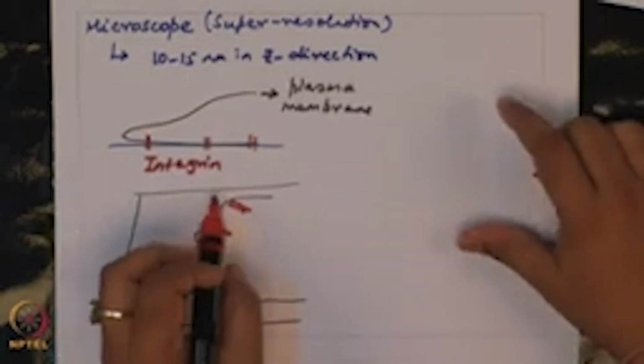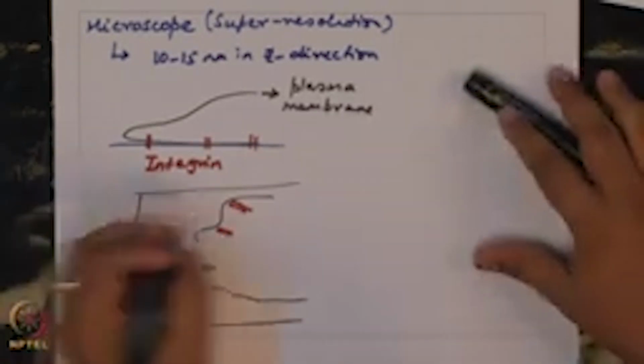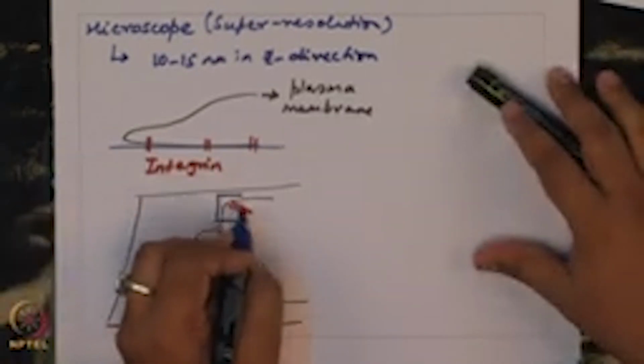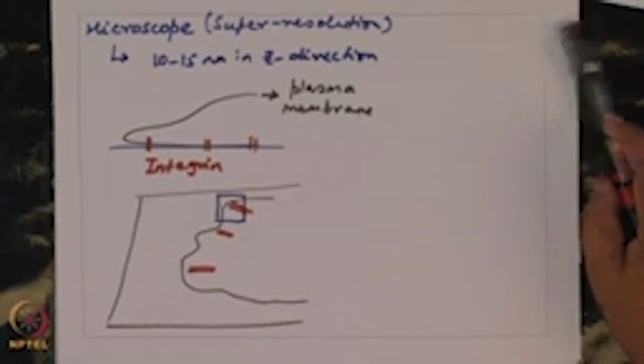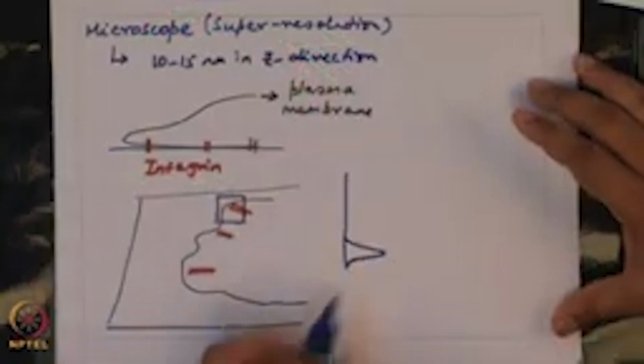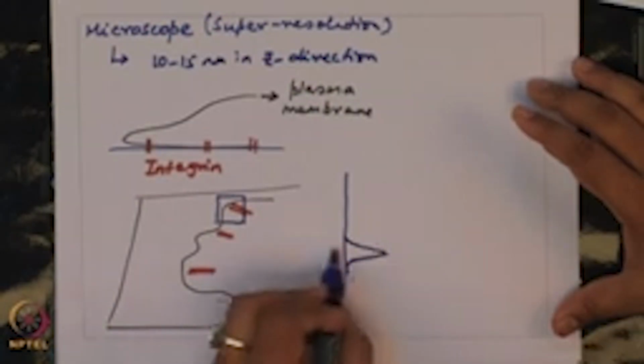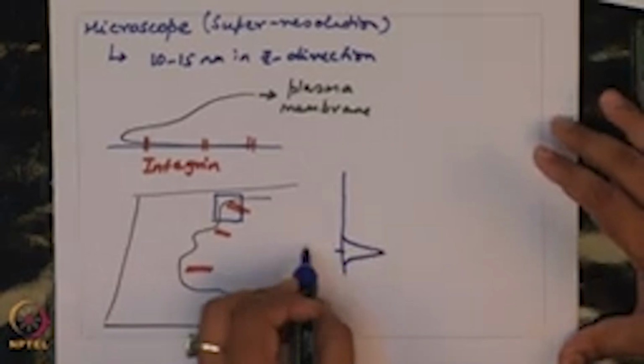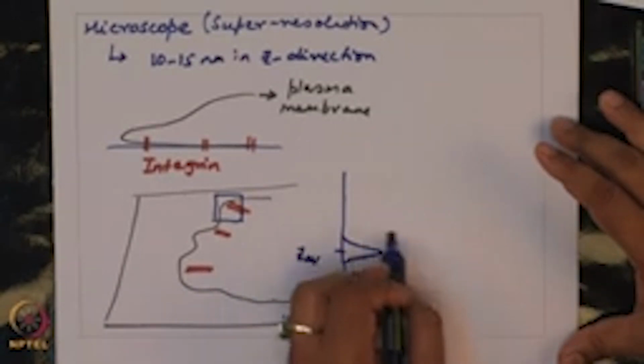If we have fluorescently labeled integrin, and we take a small box here and ask how the integrin signal is distributed along the z direction, if I draw this as the z direction, you would get a distribution. And you can find out the z average of integrin.